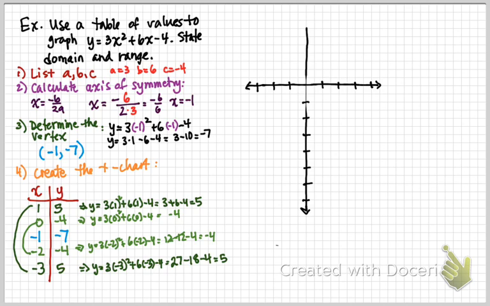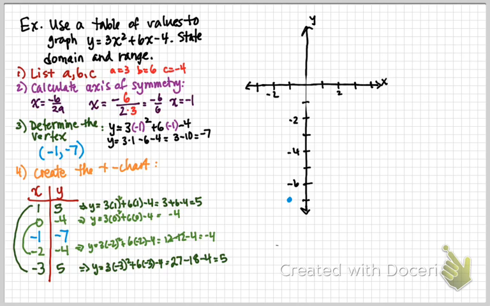Oh, that'd be good. Okay. Okay, so we're going to put my numbers in. So here's 2, here's negative 2, negative 2, negative 4, negative 6. And we're just going to go ahead and graph. This is your x, this is your y. All right, so vertex is at negative 1, negative 7.